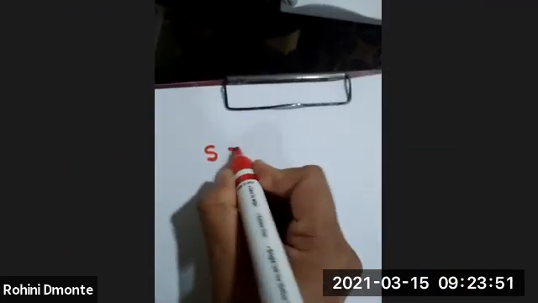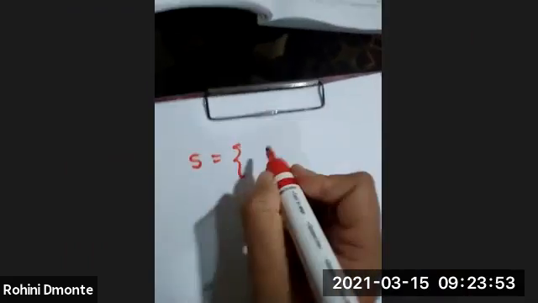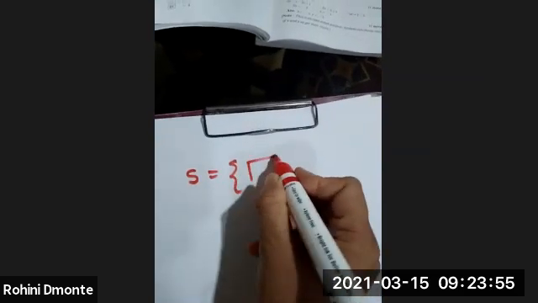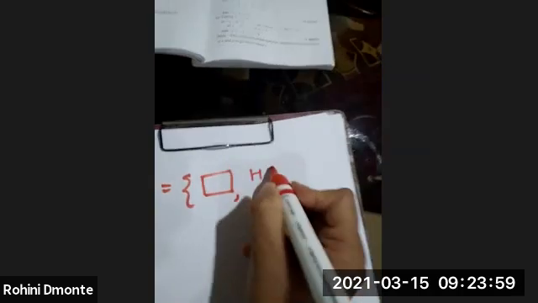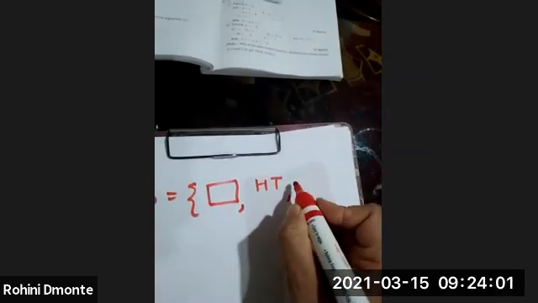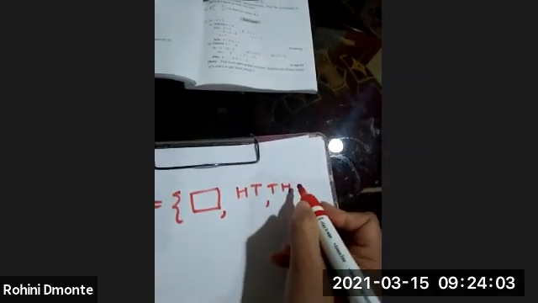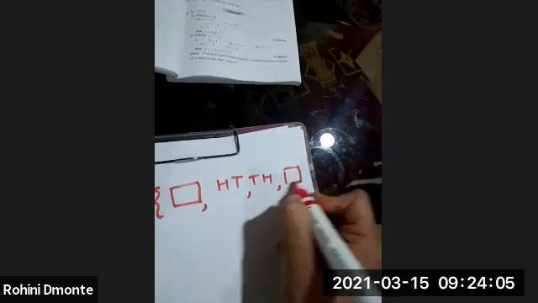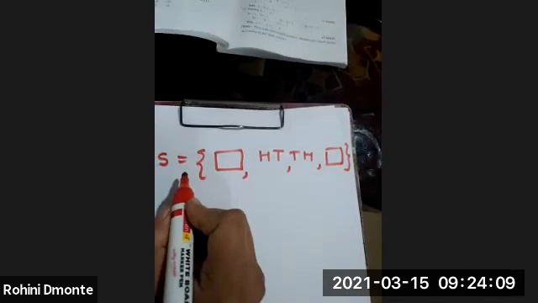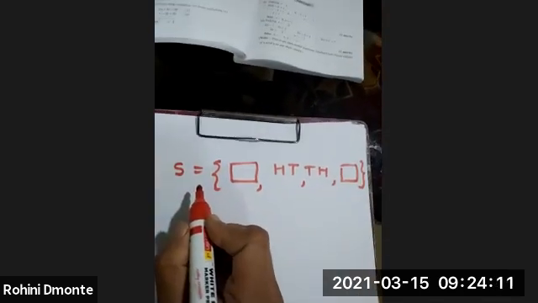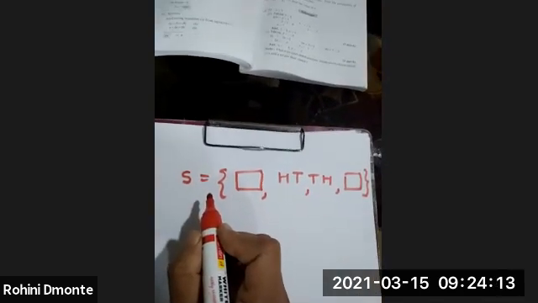Okay, first of all, the first block will be of total possible outcomes: head-head, head-tail, tail-head, tail-tail. When two coins are tossed simultaneously, there will be four possible outcomes.